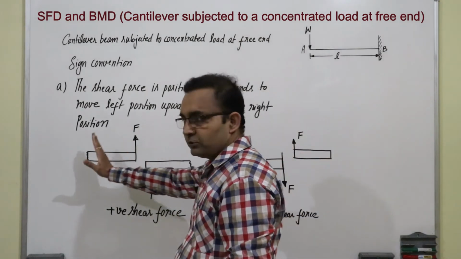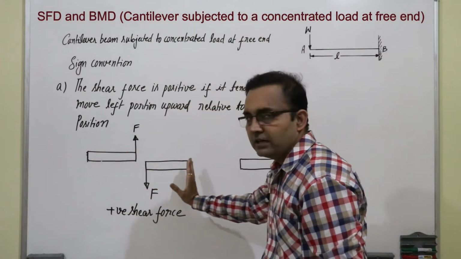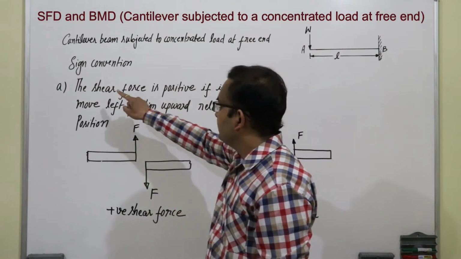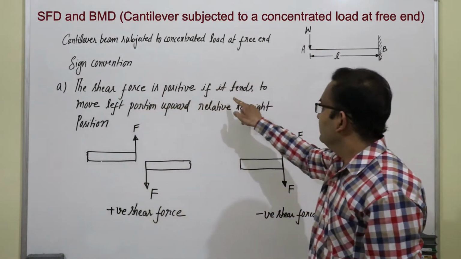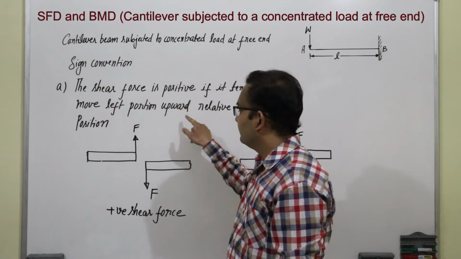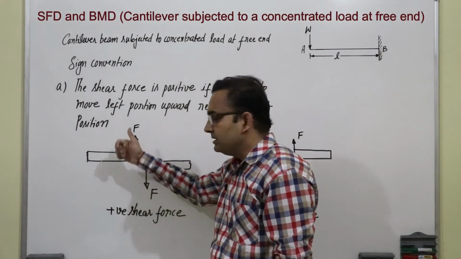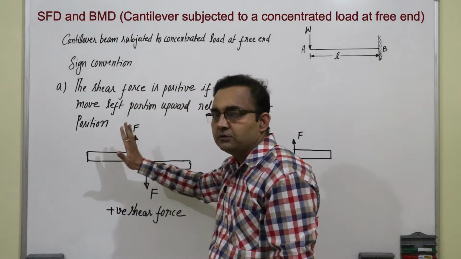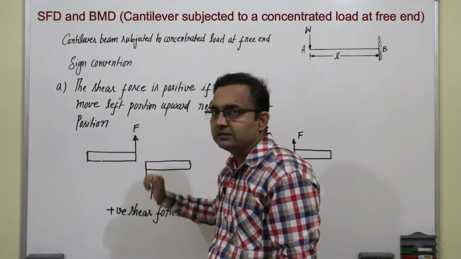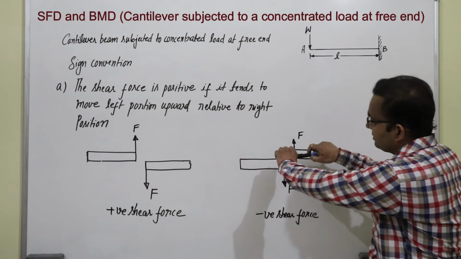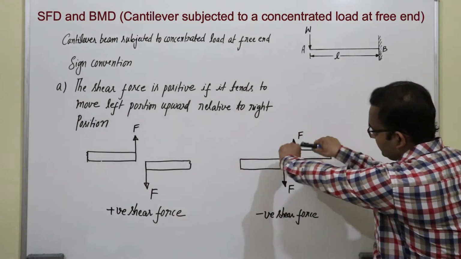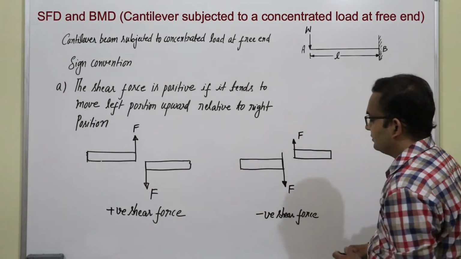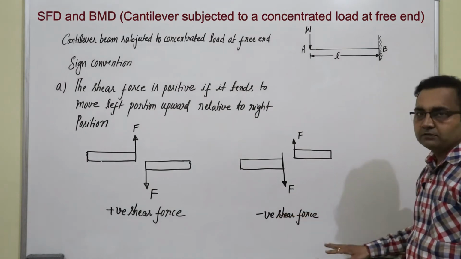So, it is left portion and it is right portion and it is written here the shear force is positive if it tends to move left portion upward. So, left portion is going upward, so we will consider shear force as positive in this case. If it is opposite like this one, it is going like this, so we will take negative shear force.